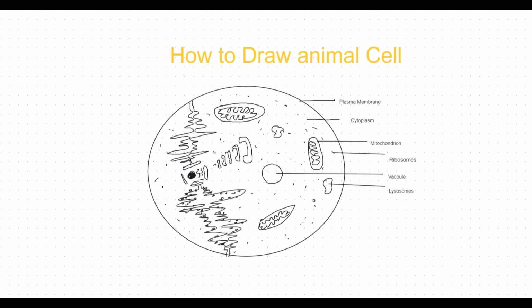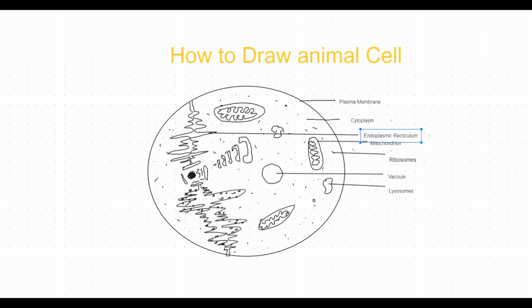So for the ER, let's write it here. This is the place where we are going to write ER. So this will be endoplasmic reticulum. Now, would it be smooth or rough? Here the ribosomes are not attached to it, so you are going to label it as smooth endoplasmic reticulum.